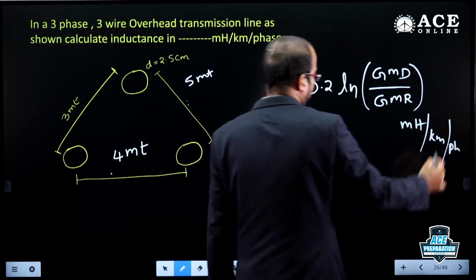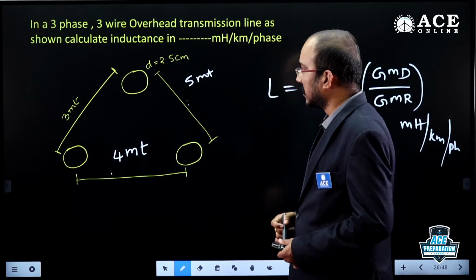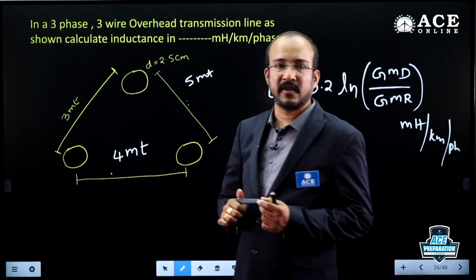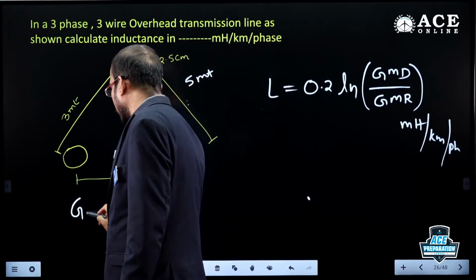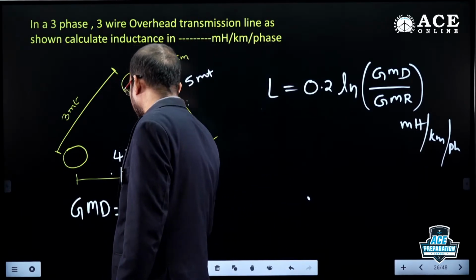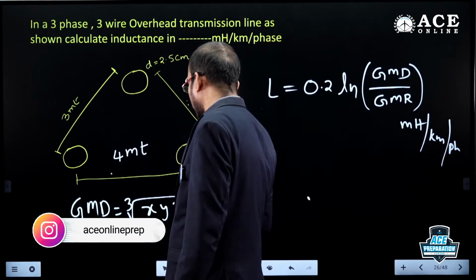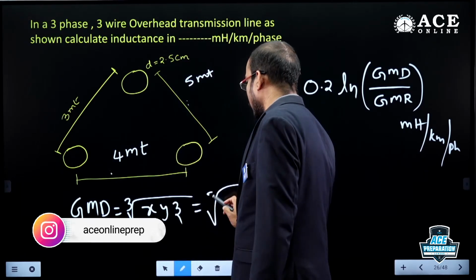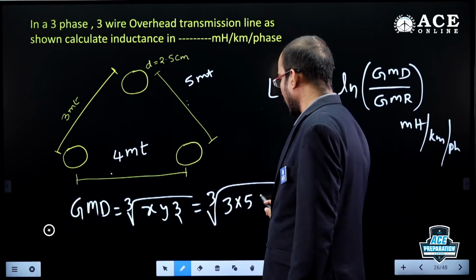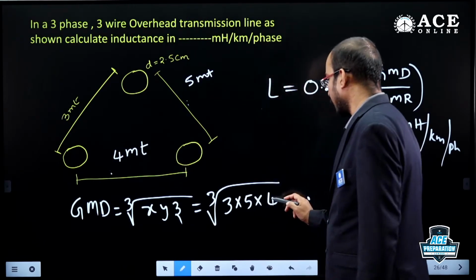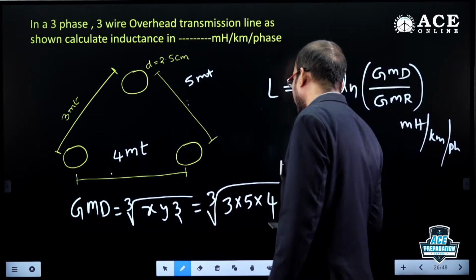Here they are not spaced at the corners of an equilateral triangle. So how do you calculate the GMD of the system? GMD of the system is the cube root of X into Y into Z. Let X be 3, Y be 5 and Z be 4. So you will get the value of GMD.